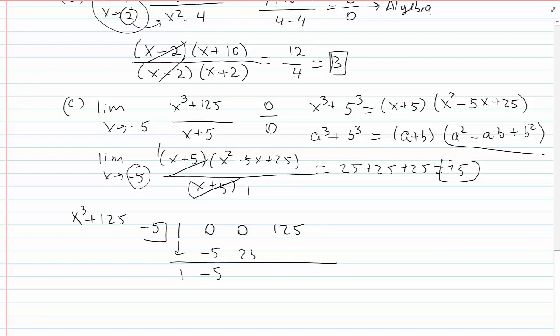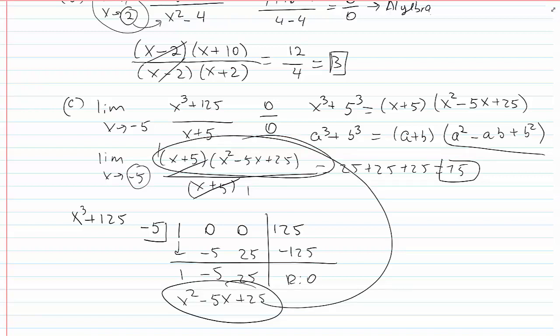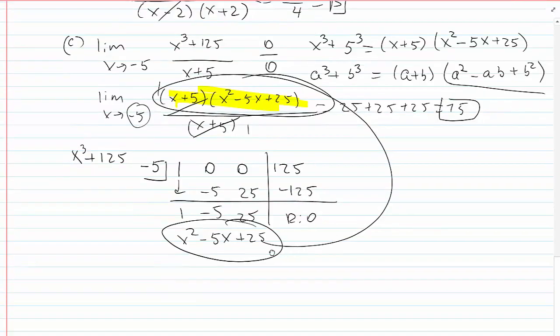So that would be 25. This is negative 125 at the remainder of 0. That gives you x squared minus 5x plus 25. And that way, you can write it this way here, and then reduce it the same way. Okay? That has to do with synthetic division. So review that concept if you are unaware of it.